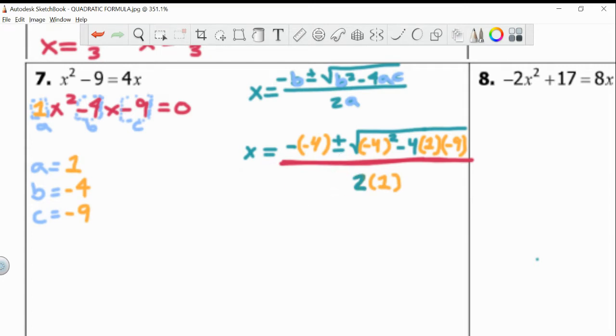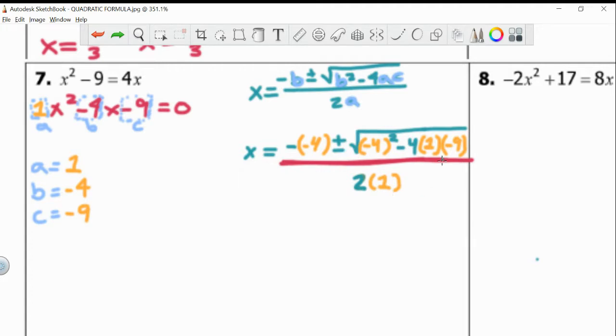All you're going to have to do is simplify these numbers down. That's it. And so the only thing you have to worry about is rushing and making simple mistakes, right? Maybe you go to put the B right here and you forget the negative. If you don't make those mistakes and you move slowly, you're going to be in decent shape.